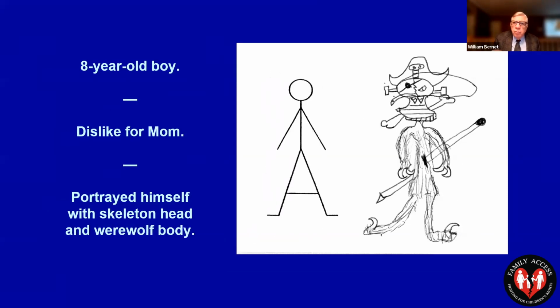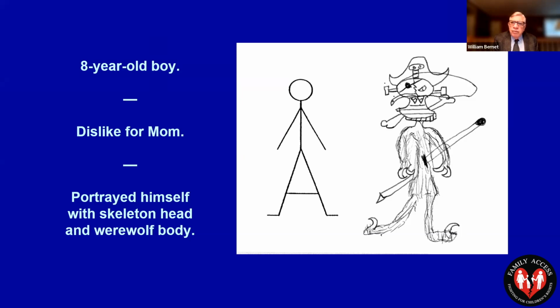And so you can interpret it: the child draws a little picture of himself, and is he holding hands with the stick figure? Is he at a distance? Is he interacting with the stick figure in some way? I'm trying to explain that these are not spontaneous pictures, but these are part of this test, the PORT test, that gets administered to children in custody evaluations.